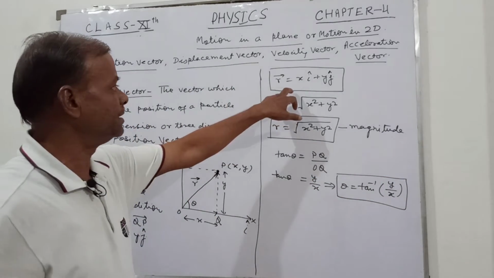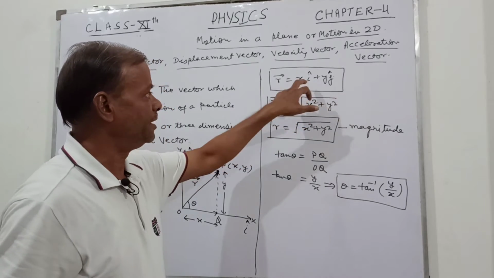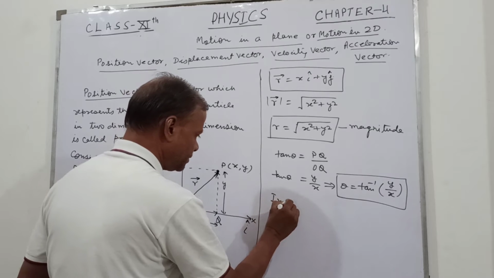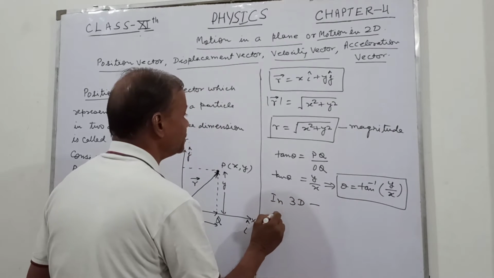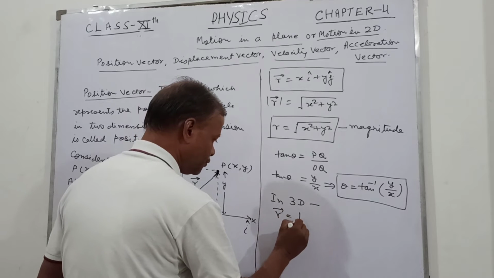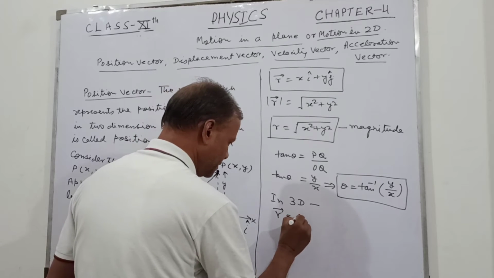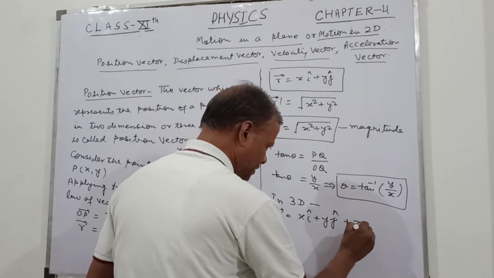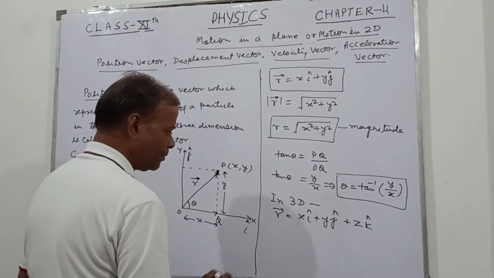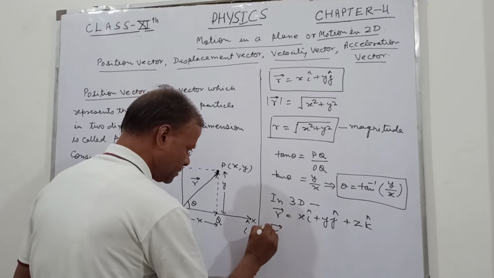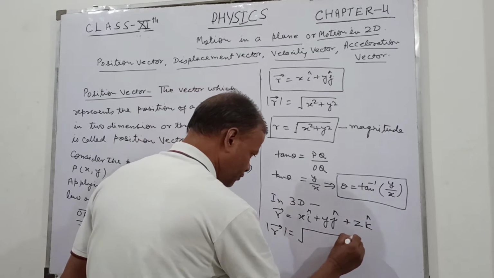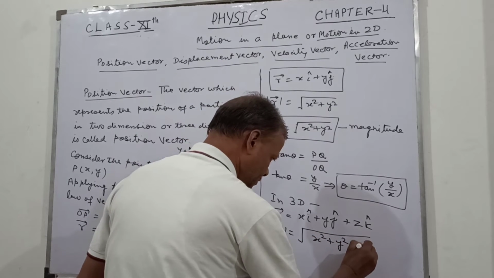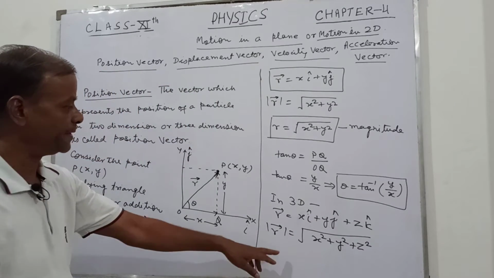So this we have represented in two dimensions, and if we have three dimensions, then R equals x i plus y j plus z k, and if we find its magnitude, it is the square root of x squared plus y squared plus z squared. This is the magnitude.